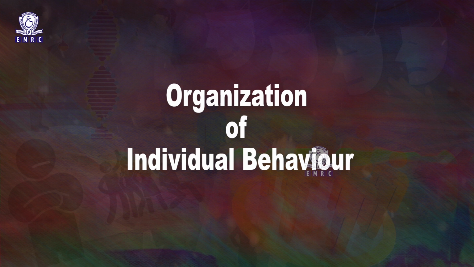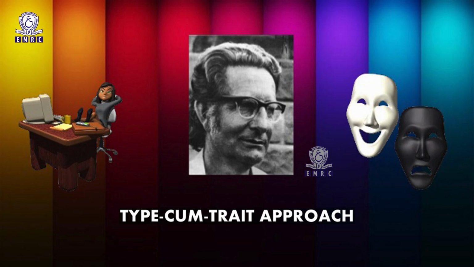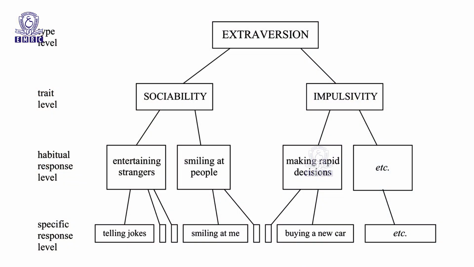Next we are going to talk about how Eysenck explained the organization of individual behavior. As said earlier, Eysenck's approach tries to synthesize the type and trait approaches. Starting with the trait approach, it yields definite personality types.